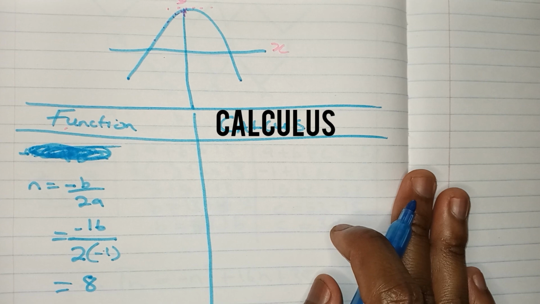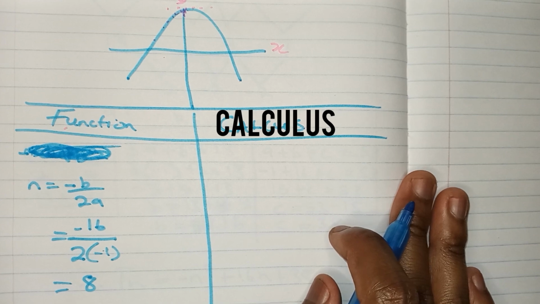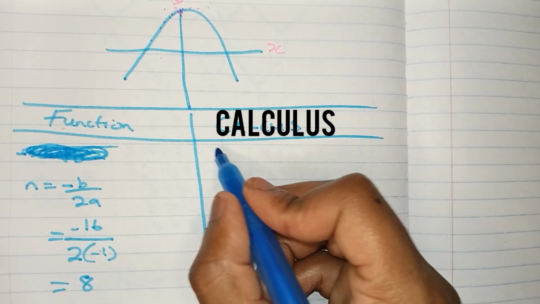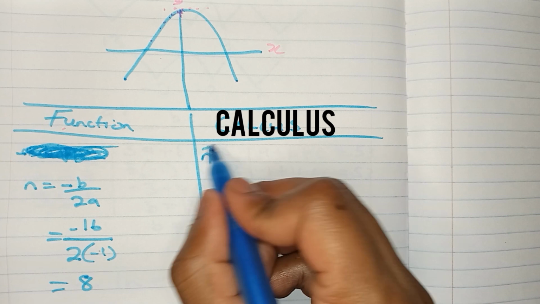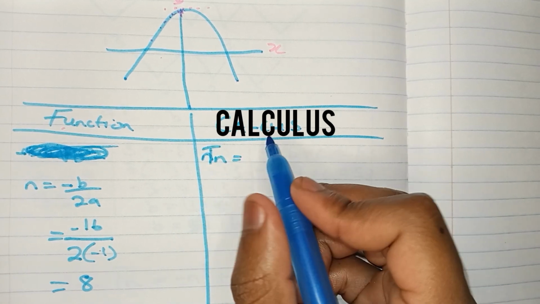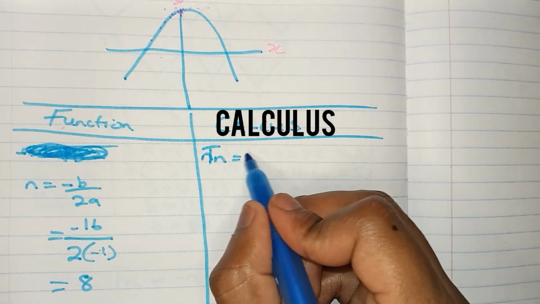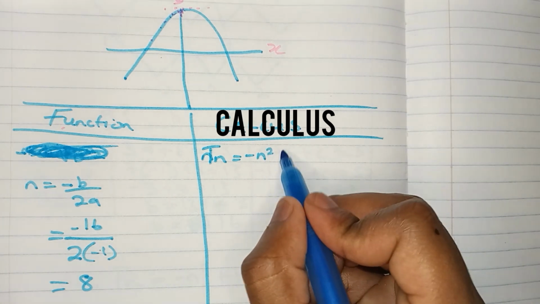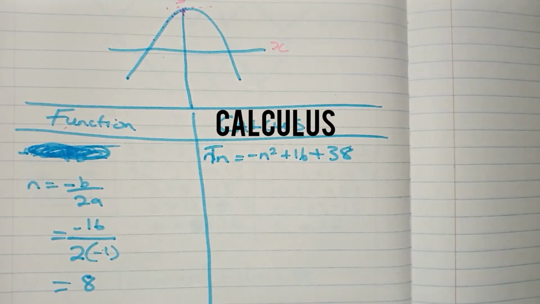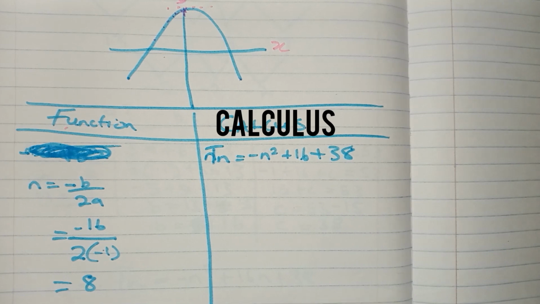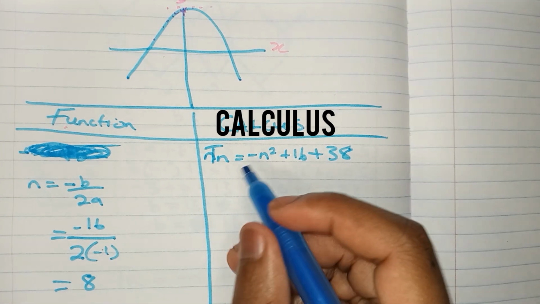So let me try to show you the calculus way, and I'm just hoping that somebody gets this. You have, let us say, Tn is equal to minus n squared plus 16n plus 8, right? So this is what we call deriving, not driving, deriving.